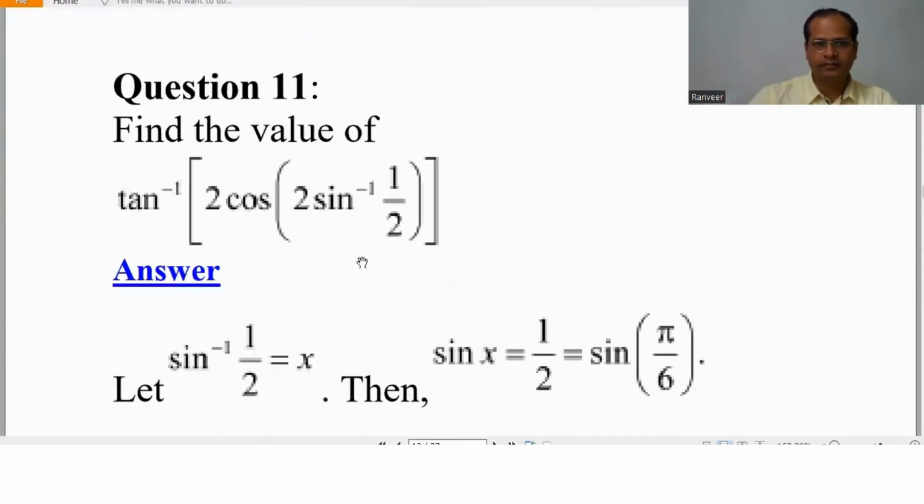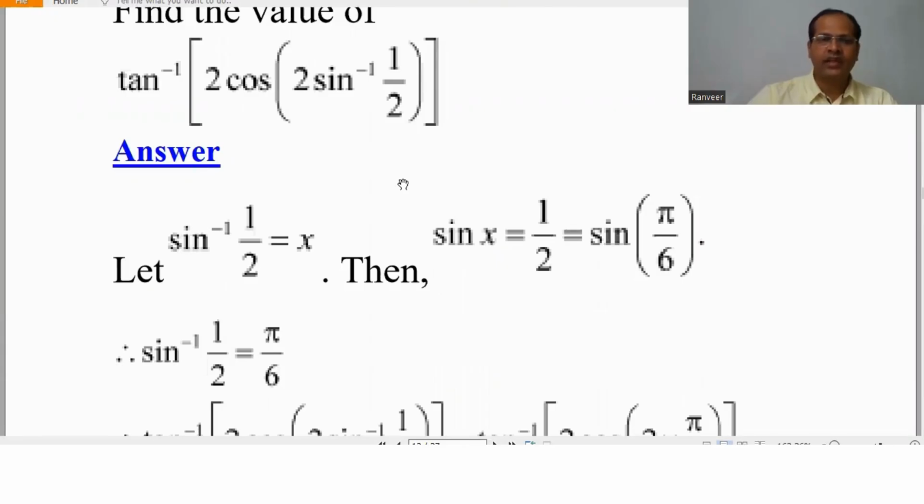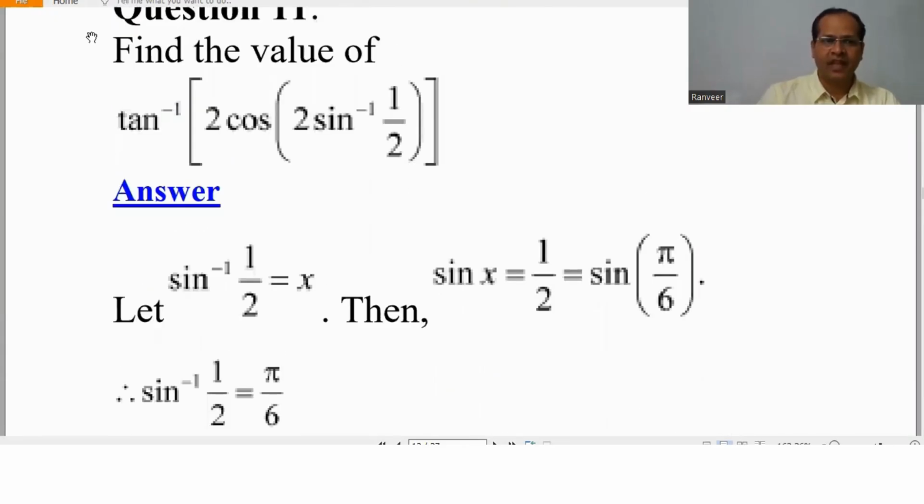Find the value of tan inverse 2 cos 2 sin inverse 1 by 2. In this type of question, where multiple inverse trigonometric functions are in a series, first tan inverse came, after that cos came, after that sin inverse. So we have to proceed from the right hand side, that is, from the end we have to proceed.